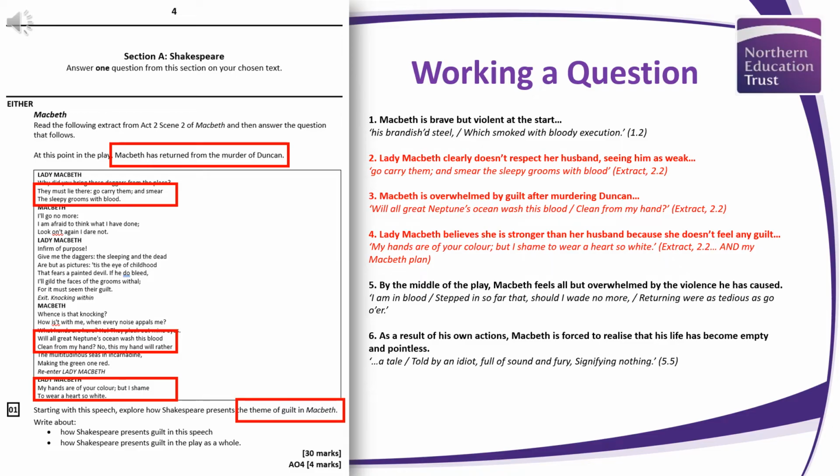She sees him as weak, someone that she can order around: "Go carry them and smear the sleepy grooms with blood." That's from the extract. Again from the extract then, Macbeth is overwhelmed by guilt after murdering Duncan, and the quotation "will all great Neptune's ocean wash this blood clean from my hand?" Then I might go for Lady Macbeth, believing that she's stronger than her husband because she doesn't feel any guilt: "My hands are of your colour, but I shame to wear a heart so white."